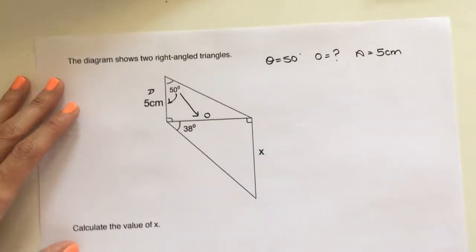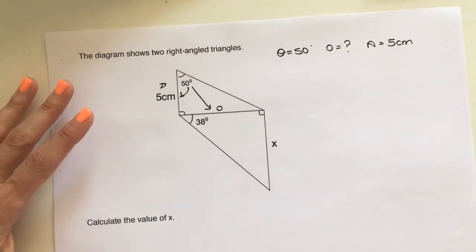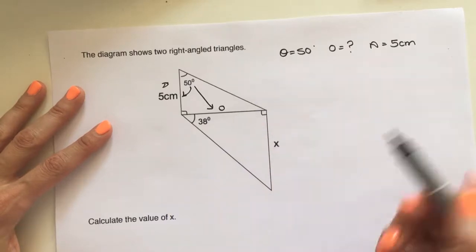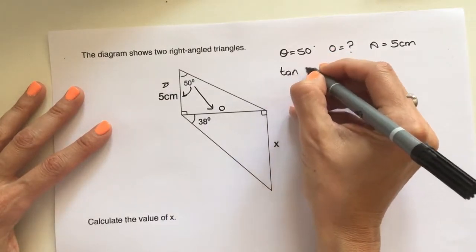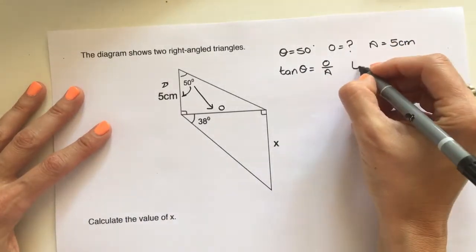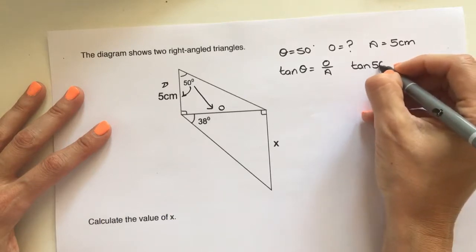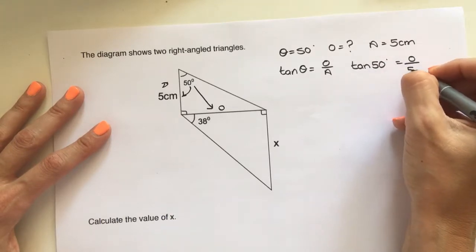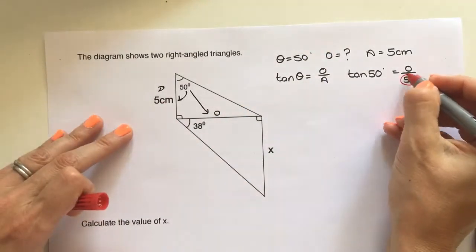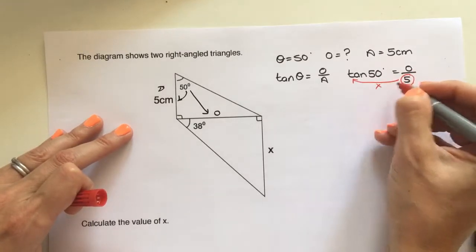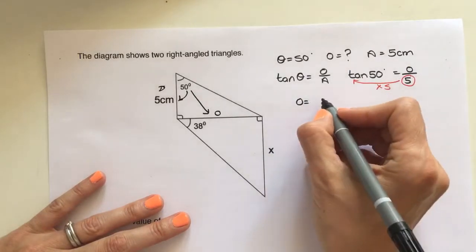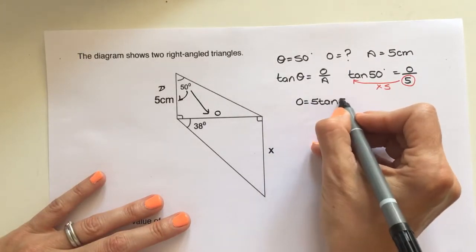So going back to our previous videos that we did, the trig ratio that involves an angle, O and A is TOA, so tan theta equals O over A. Substitute the values in, so tan 50 degrees equals O over 5, and then rearrange this, so move the 5 across the equal sign by multiplication. That gives us a value for O of 5 tan 50 degrees.